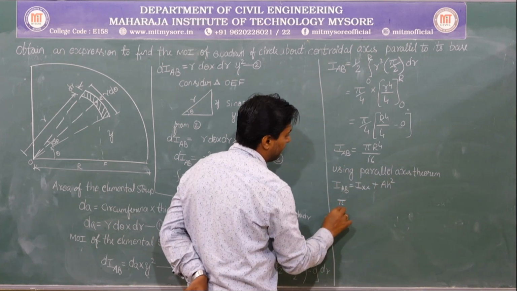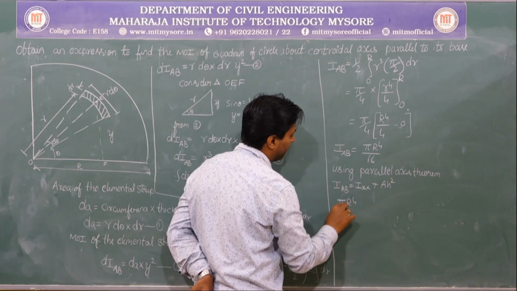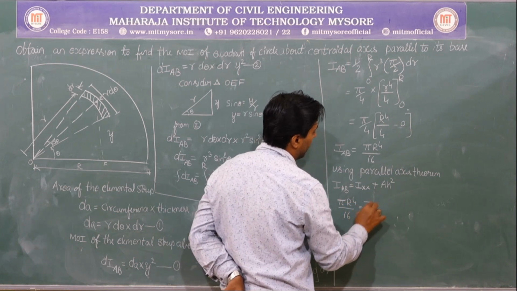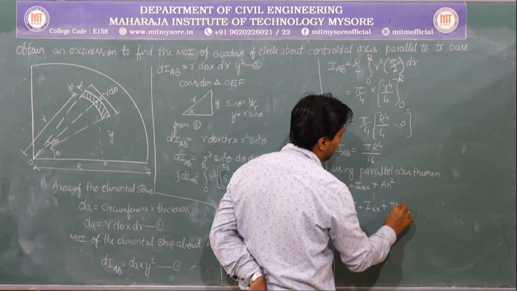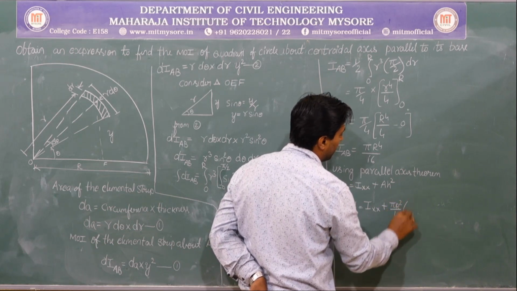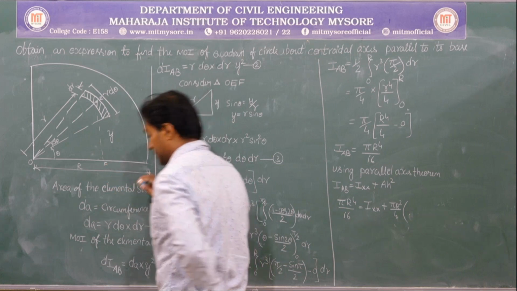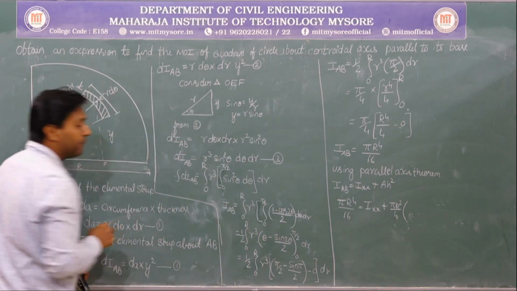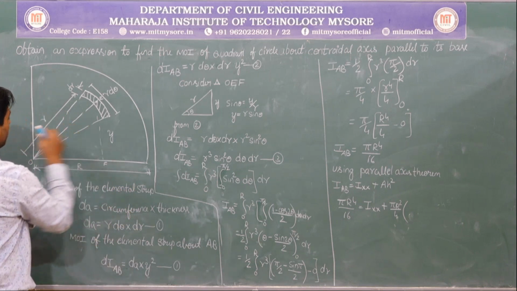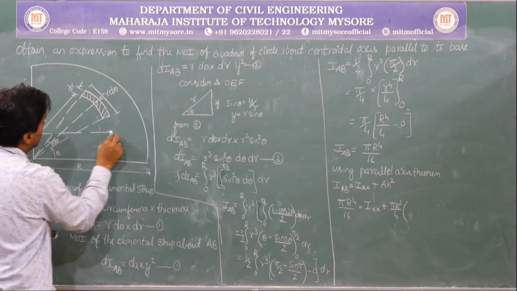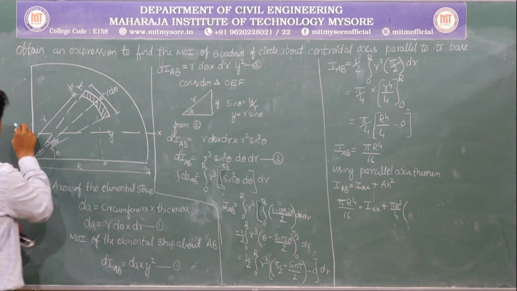IAB, just now we have calculated it, pi r 4 by 16 is equal to IXX plus area of a semicircle, it is pi r square by 4 into h. H is nothing but, so now here also I will be using the concept of centroid. So, parallel to the base, a centroidal axis needs to be drawn, that is XX.